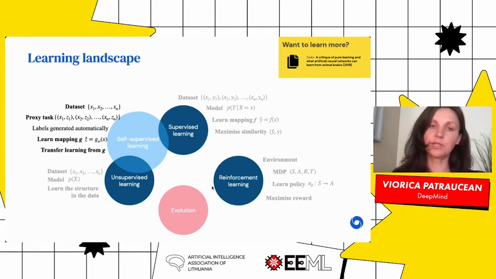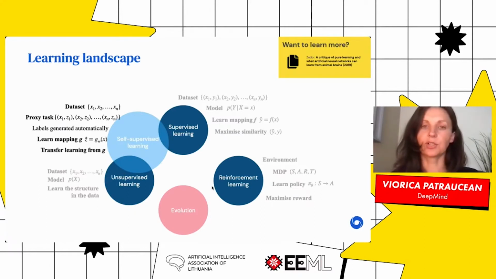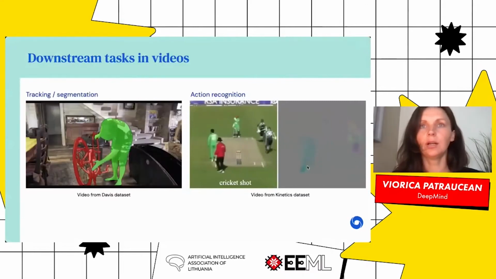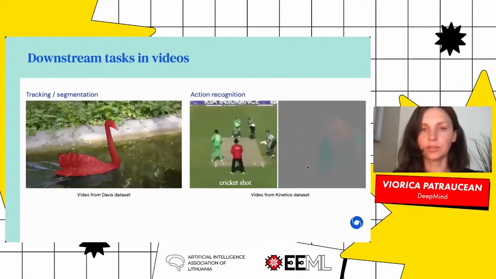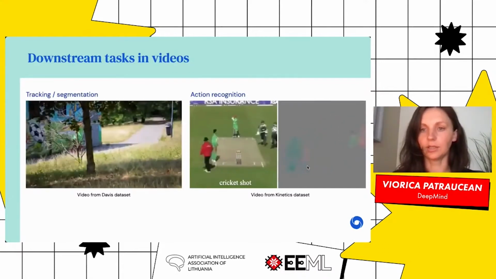Then we define some proxy tasks using these automatically generated labels to learn a mapping from our inputs to this label space. And then we rely on transfer learning to transfer features learned in this self-supervised regime to downstream tasks, the tasks that we actually care about. For example, you can think of tracking or segmentation in videos, or action recognition, or other tasks.